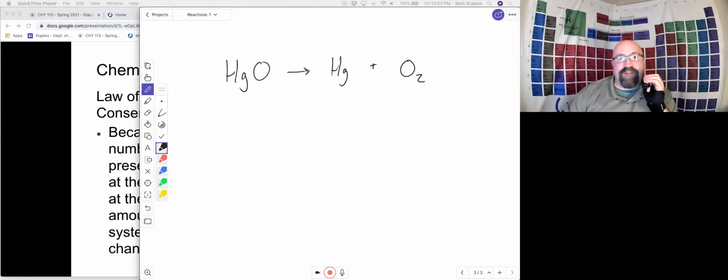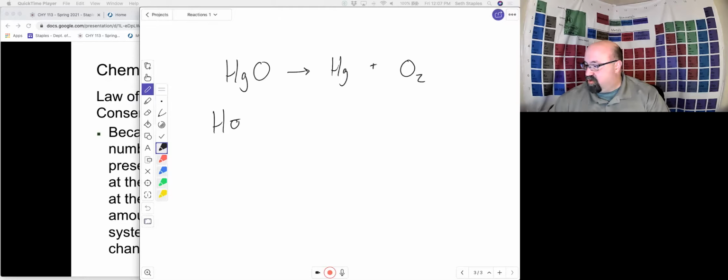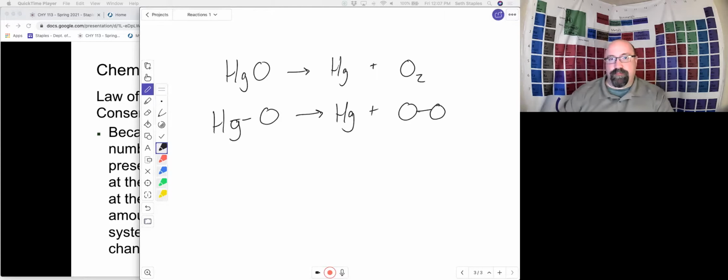And so the question is, where did that additional oxygen come from? If we write this out more, looking at these as Hg bonded to an O, they break apart to form Hg plus O bonded to O. In our initial compound, we started with mercury oxide with just 1 oxygen, but because of the way oxygen has to exist when it's by itself, it has to exist diatomically as O2.